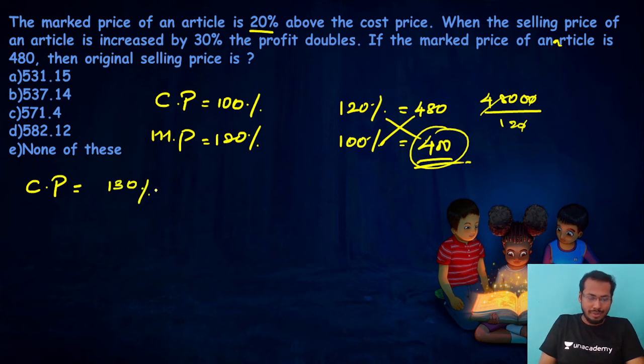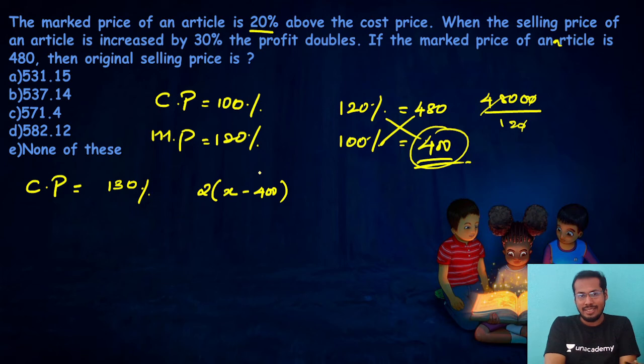I will get double the profit. So profit is X. Double the profit means 2 into X minus 400. The cost price is 400, the extra amount over 400 is the profit. So X minus 400, it will be double.